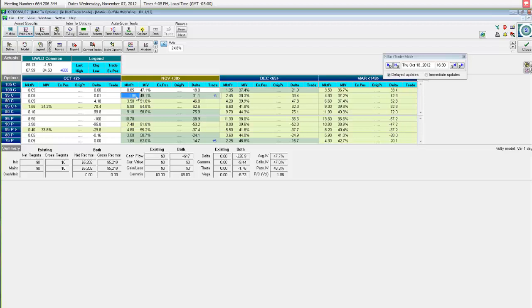But suffice it to say right now that if you pay $1.85 for a November 95 call, you get to own that stock at $95 a share anytime between now and expiration. But you're only going to want to own it if it goes above $95. But it has to go more than $95 because you pay $1.85 to buy that call. So it has to go to $96.85 before you'd even break even. That's buying the call. What we're talking about is selling it to protect your profit here.